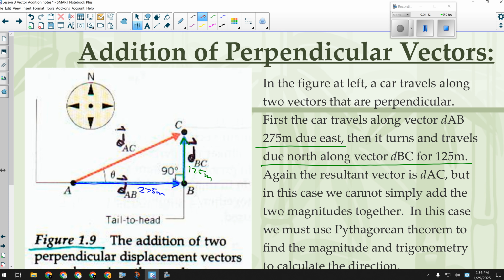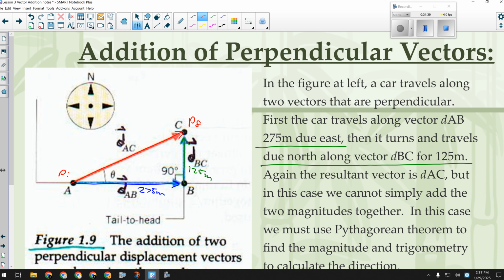These were both displacement vectors: 275 meters due east, 125 meters due north. Those are two displacement vectors, so I drew them tail to head. This here represents my total displacement. It is the car's change in position. This is the car's initial position. This is the car's final position.